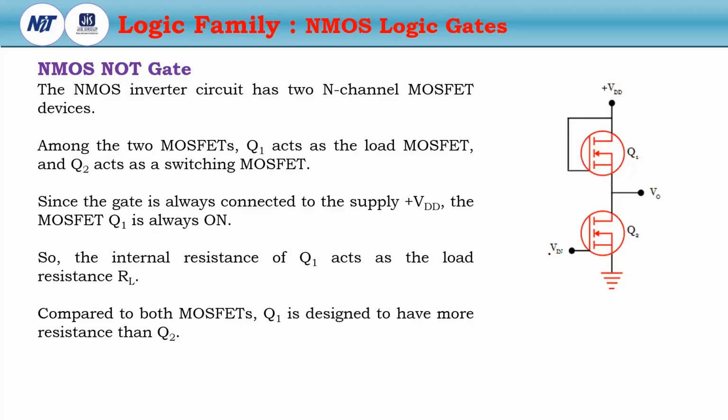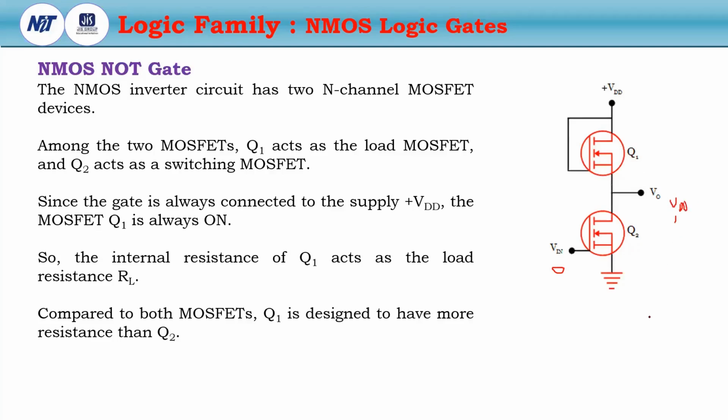Now, if we put the logic 0 here, then Q2 will be turned off. So if Q2 is turned off, then no current will flow through Q1 and Q2. And as Q1 is turned on, V0 will be VCC or VDD, which is logic 1.